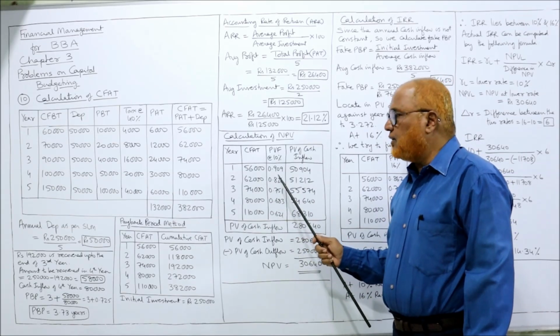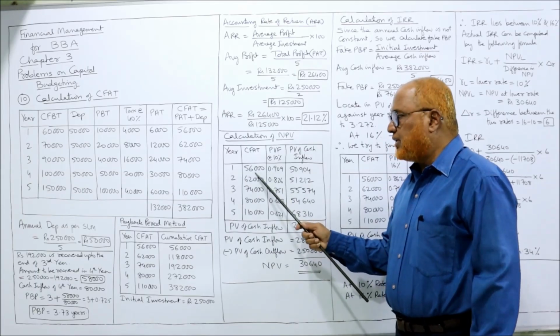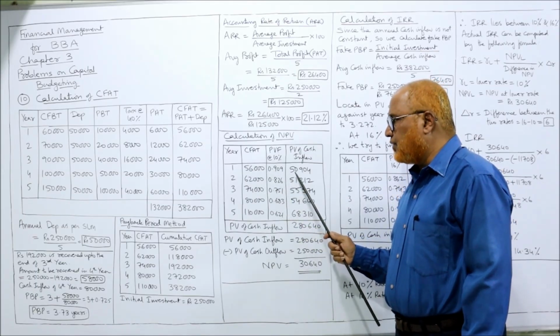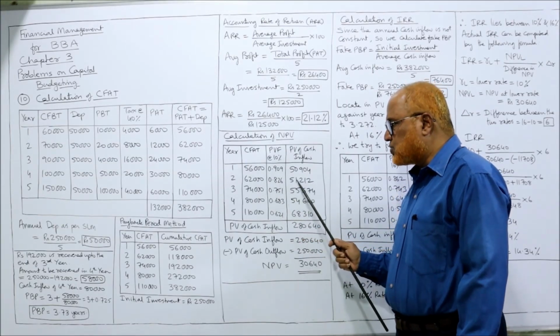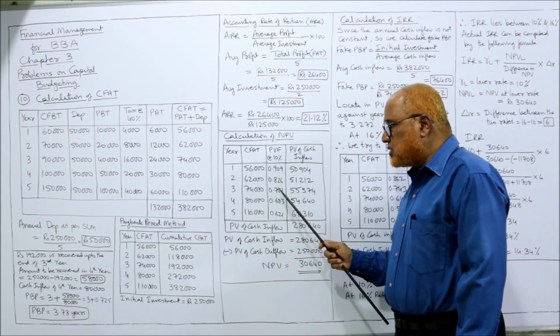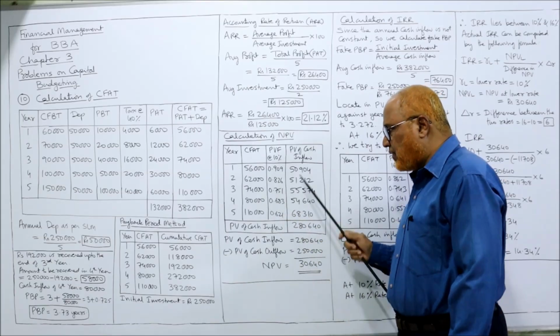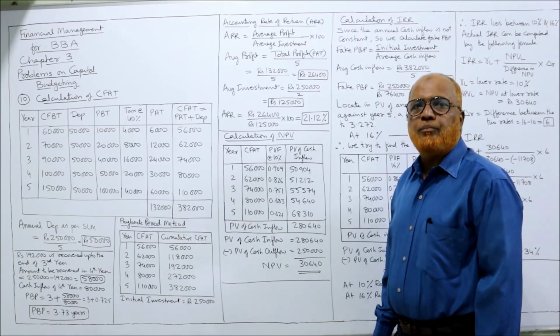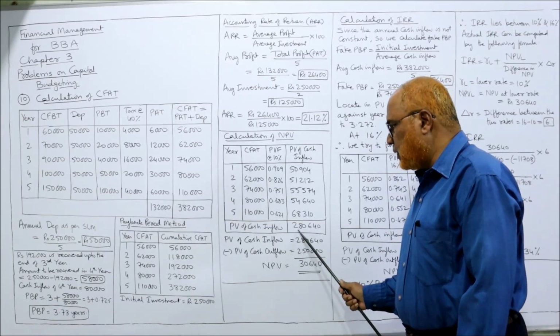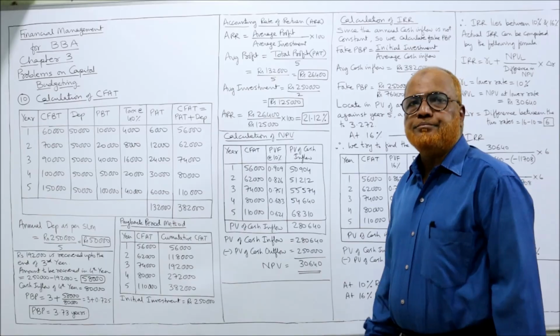Multiply the CFAT with PV factors. So 56,000 into 0.909, 50,904. 62,000 into 0.826, 51,212. Like this, you multiply all the CFAT with PV factors and take the total. The total of PV of cash inflow is 2,80,640.